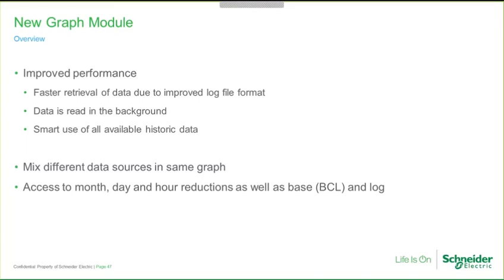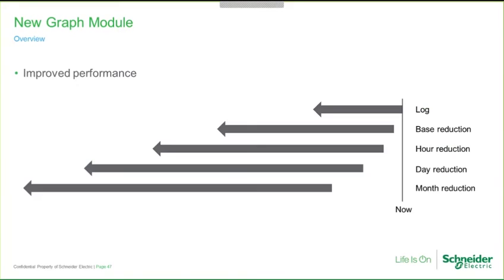You can mix and match all that in the same graph, either specify what it should use or just leave it in auto, and we'll read whatever data is best suited for the period and situation you're in right now. And you now have access to month, day, and hour reductions as well. You couldn't do a graph on that before.